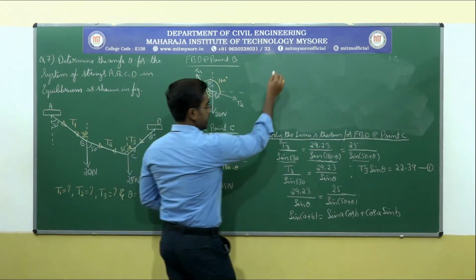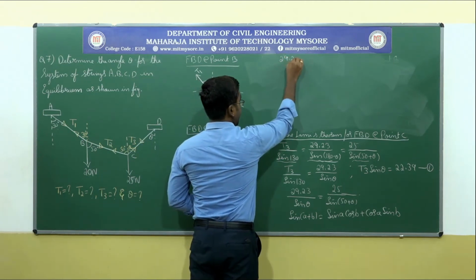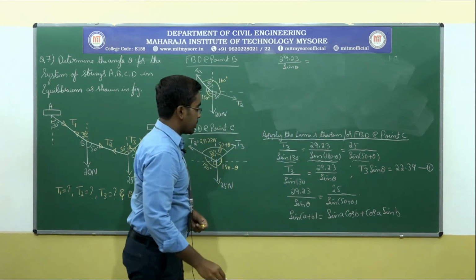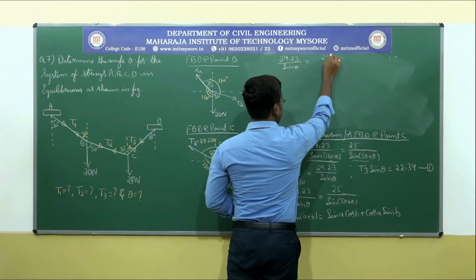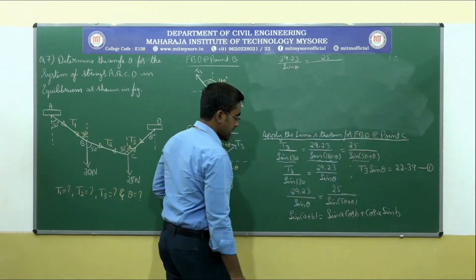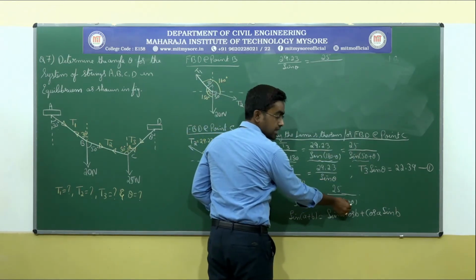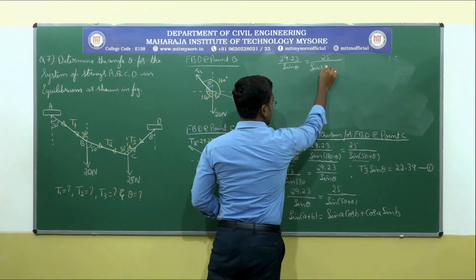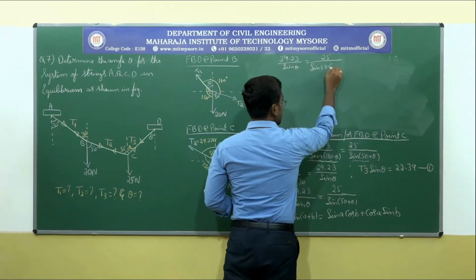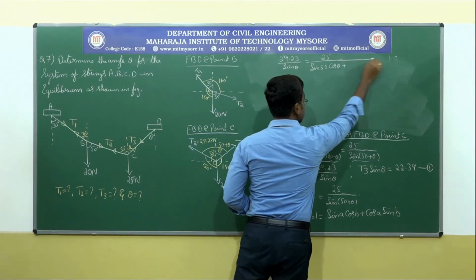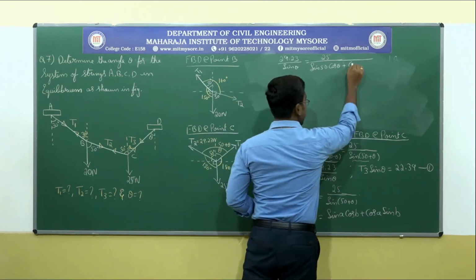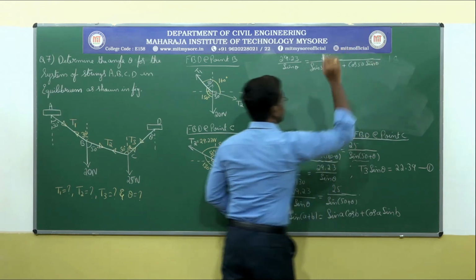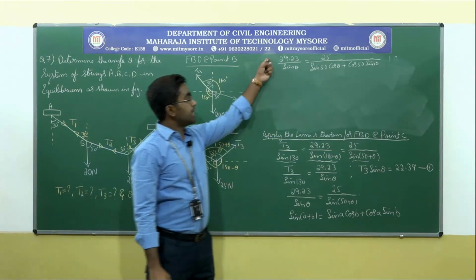So now 29.23 divided by sine theta will be equal to 25 divided by, A is nothing but 50, B is nothing but theta, right? So that will be sine 50 into cos theta plus cos 50 into sine theta. So now I need to cross multiply this.